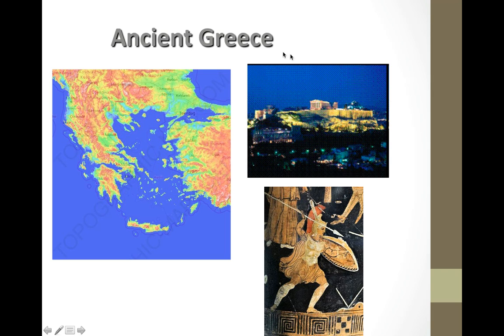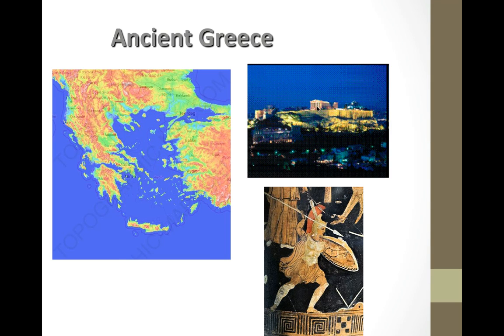Over here is a picture of Athens at night, and one of the most distinctive features of Athens is the Acropolis. This is the Acropolis overlooking the city of Athens, and this building here is known as the Parthenon. The Athenian Acropolis is the most famous in Greece, but other cities had similar things.